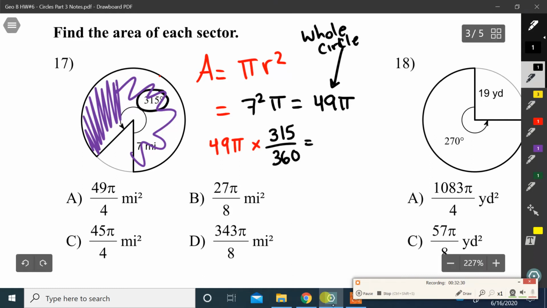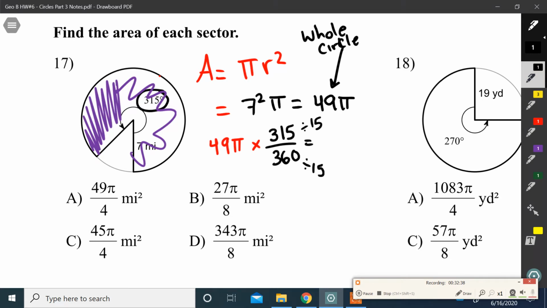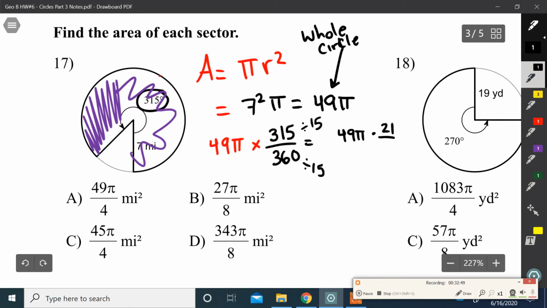So I could divide this by 15 and by 15 there. 315 divided by 15 is 21. So we have 49 pi times 21 over, and then 360 divided by 15 is 24. See how we're simplifying the problem now?